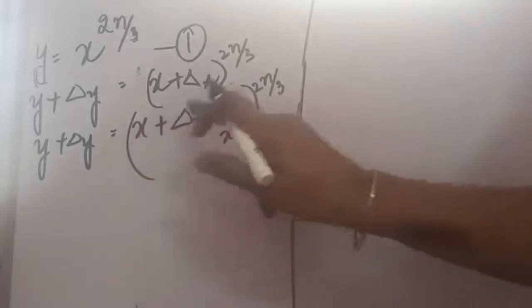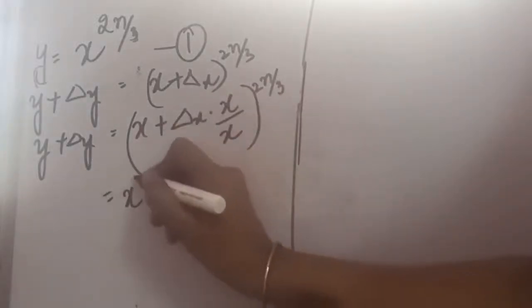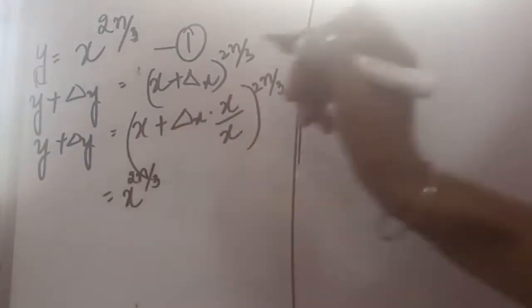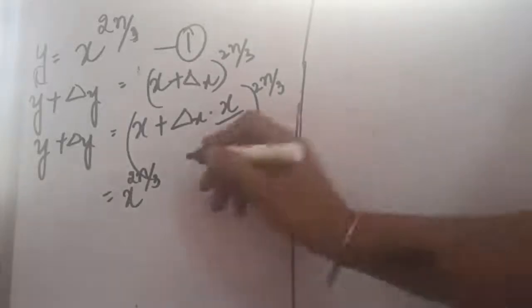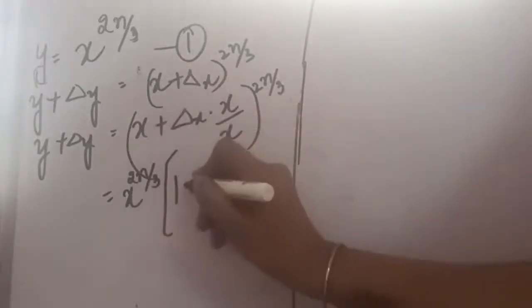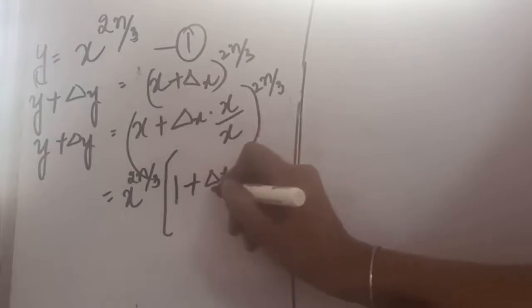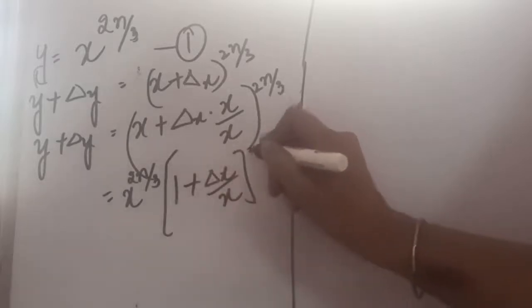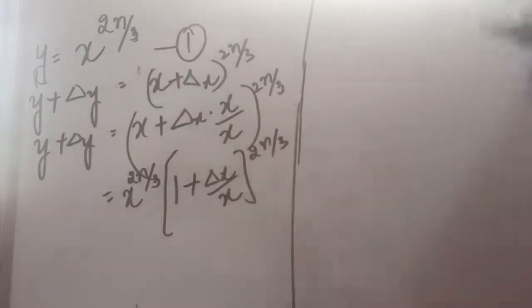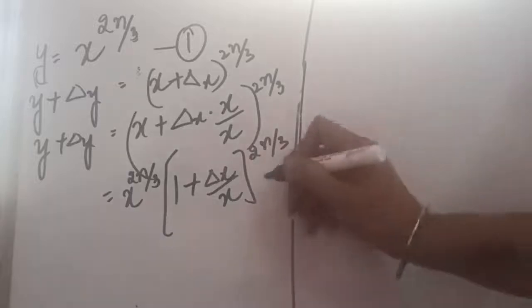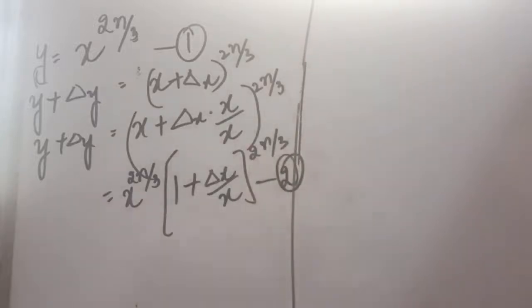Now I can take x common, x power 2n divided by 3. So inside it will be 1 plus delta x divided by x, having power 2n divided by 3. This is how we have done in the previous question also. So this becomes our second equation.